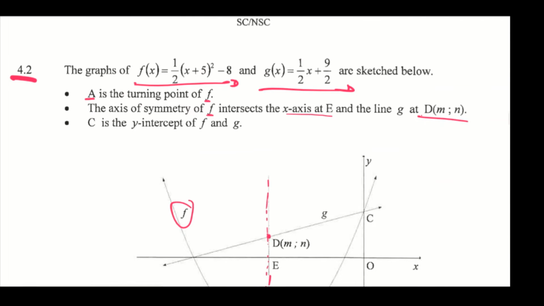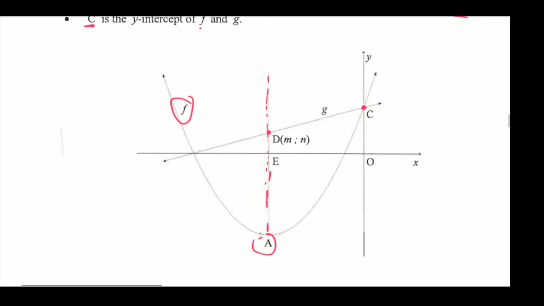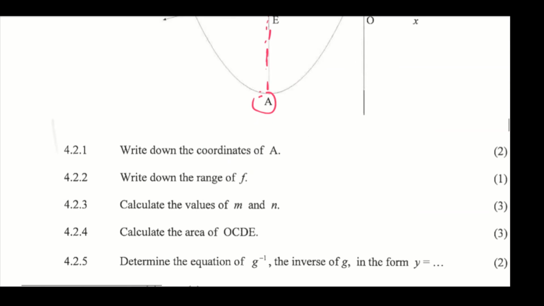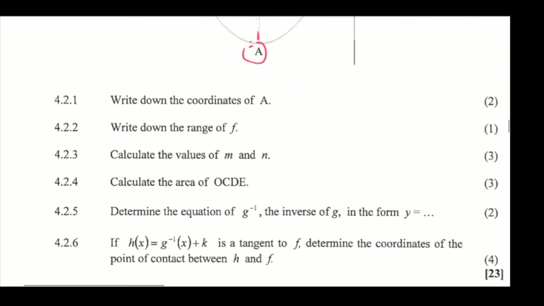And then C is the y-intercept of f and g, which is this point here. Cool. So there is your graph, and let's answer the questions that follow.